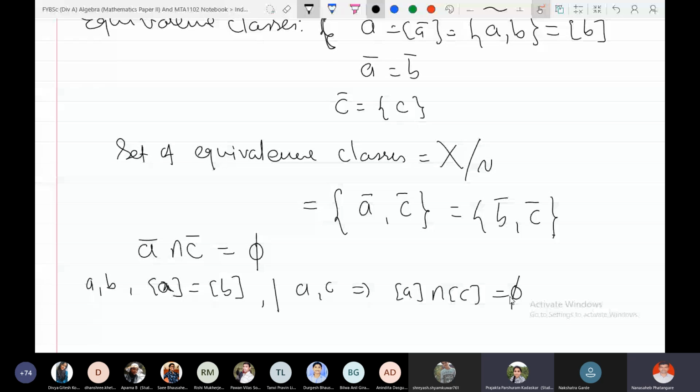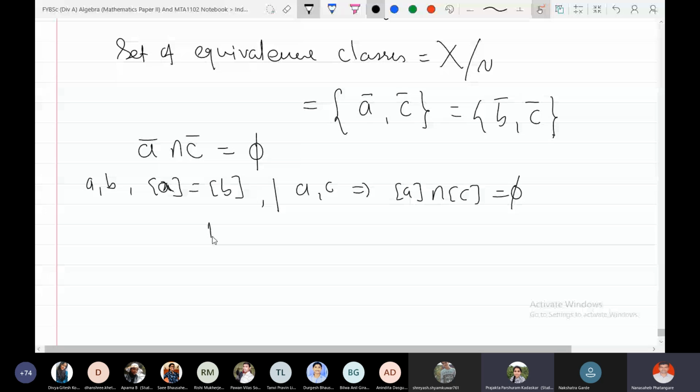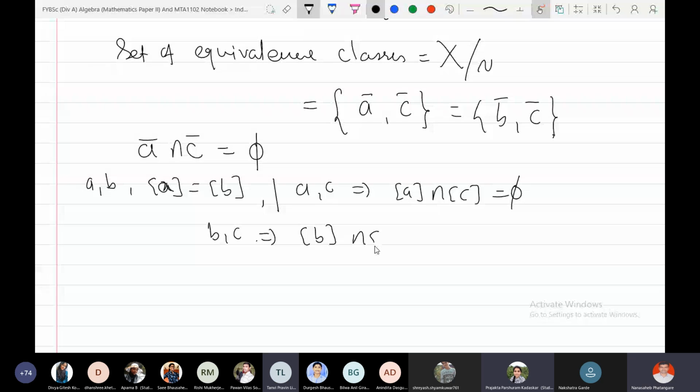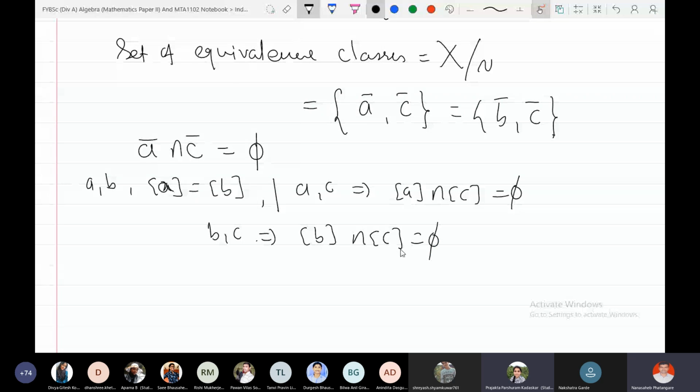If you choose B and C, class of B and class of C are disjoint. So what does the previous theorem say? You choose any two elements, their classes are exactly the same or they are completely disjoint. So that is the meaning.